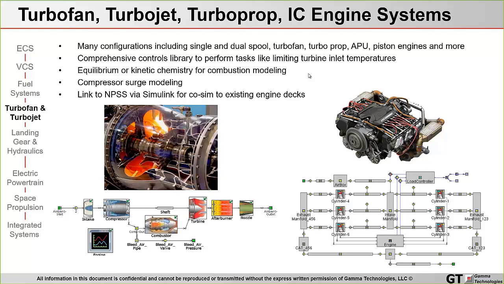Additionally, users can build things like turbojets or turbofans to look at the primary flow path, and this utilizes either our equilibrium combustion library or the kinetic chemistry library to build a detailed performance model in GT.